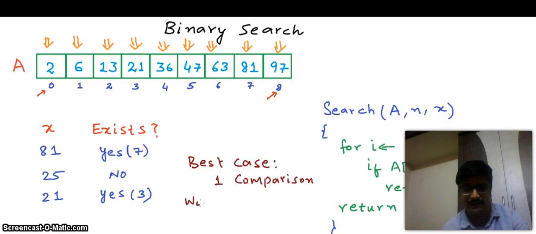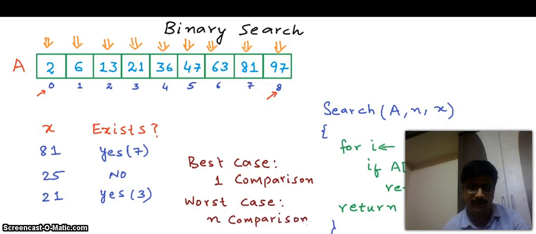In the worst case, x would not even be present in the array. We will scan the whole array. We will make n comparisons with all the elements in the array, and then we will be able to give back the result that x does not exist.